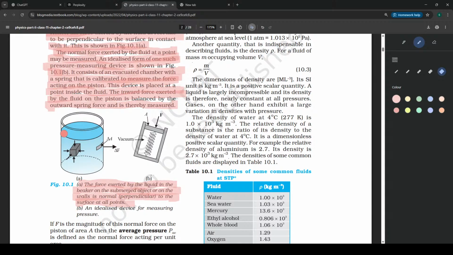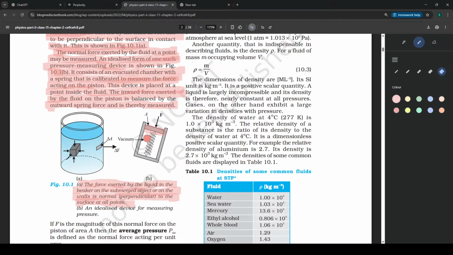The inward force exerted by the fluid on the piston is balanced by the outward spring force and is thereby measured. Basically, there is a piston here. The piston is connected to a spring and there is a vacuum here. Why we keep a vacuum there is because there should be no resistance, no air resistance and all.